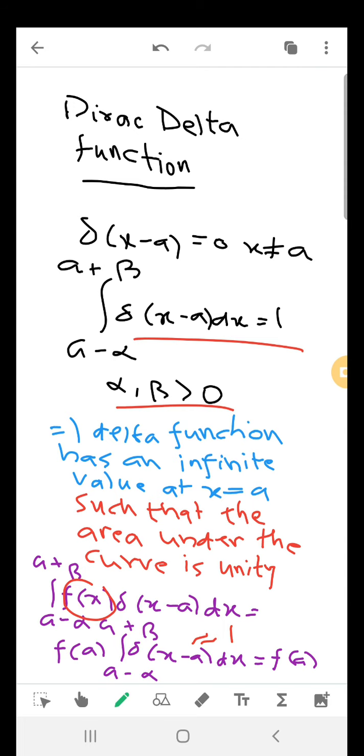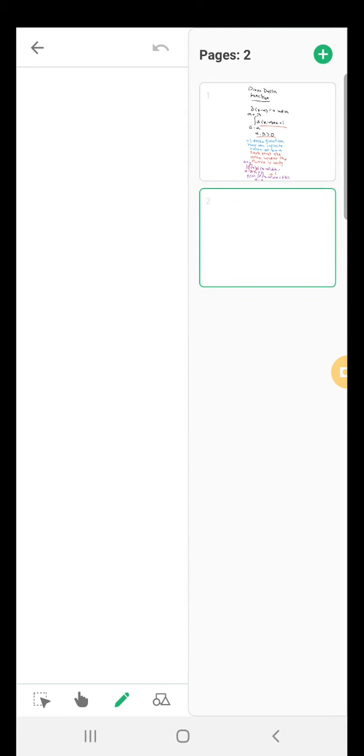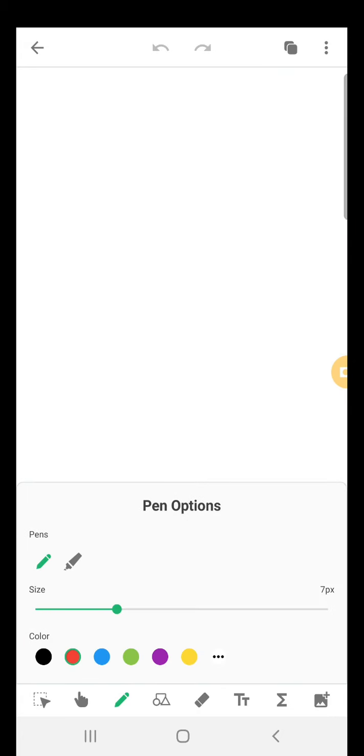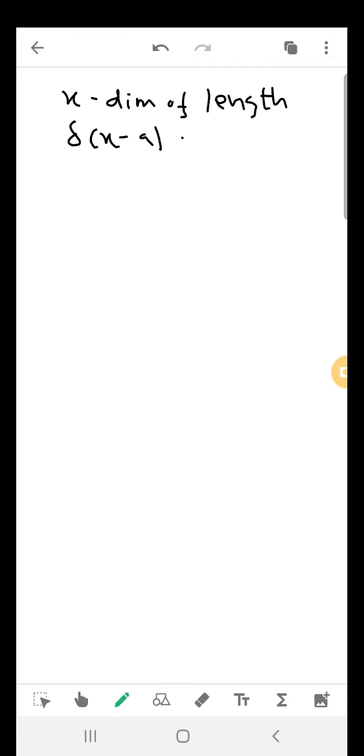Now, if x has a dimension of length, delta(x minus a) has the dimension of length inverse.